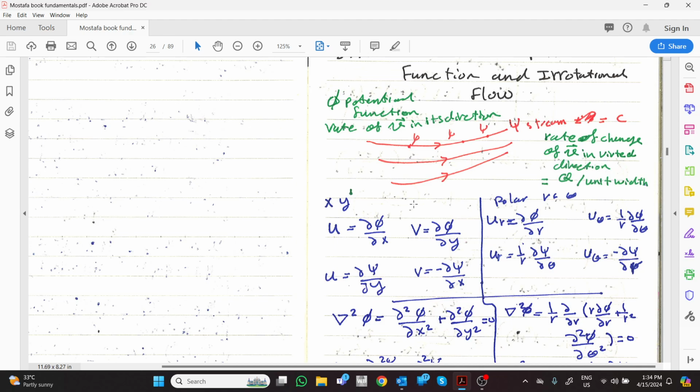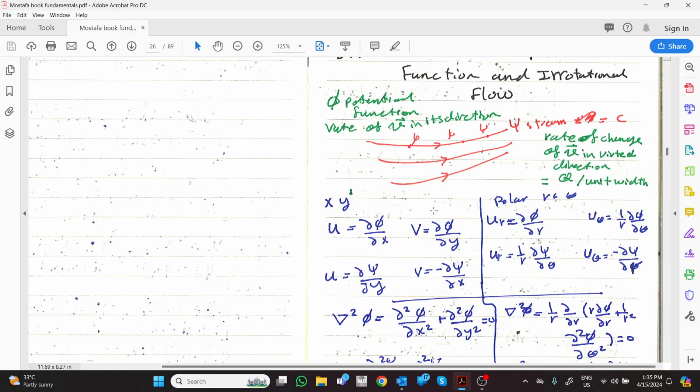For example, if I say that is the potential function for an x direction to u, it means that in this dx the potential function has been changed. In another word, the velocity multiplied by the distance is equal to the potential function. It's a definition like this.